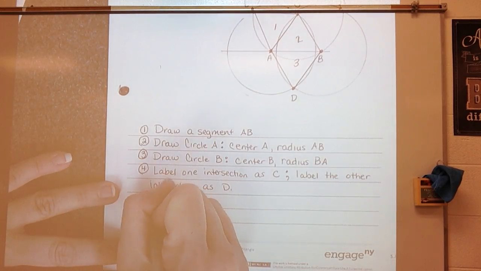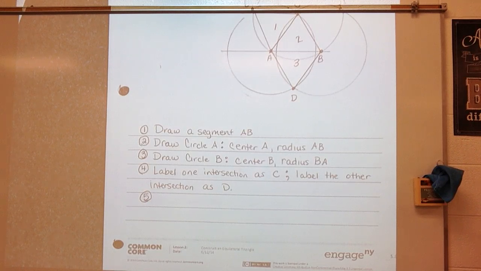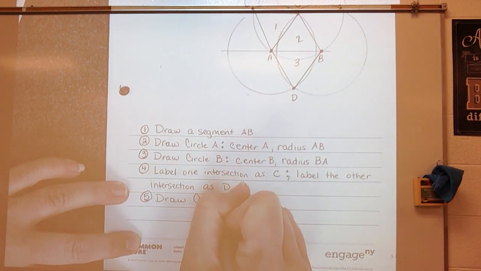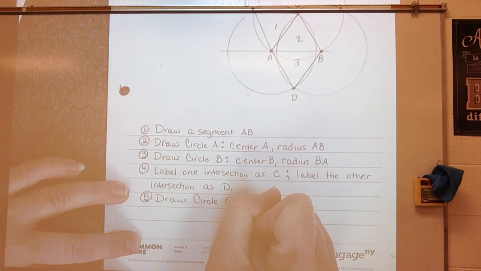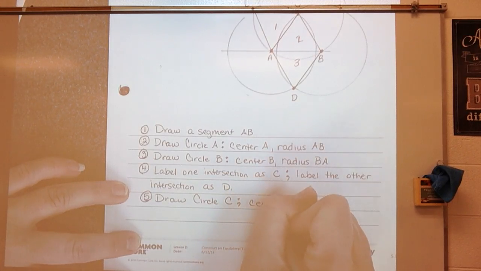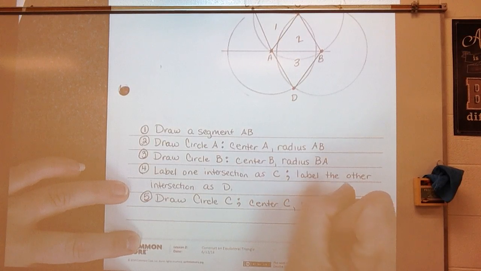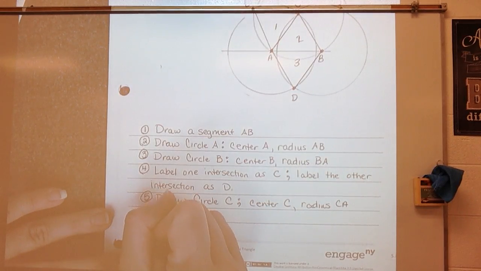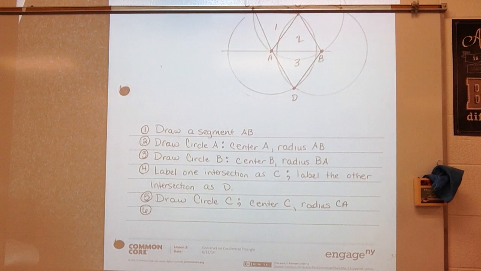If you remember, the next step that we did was to draw circle C, with center C and a radius of CA. Now we've got to label the unlabeled intersection of circle C as E.